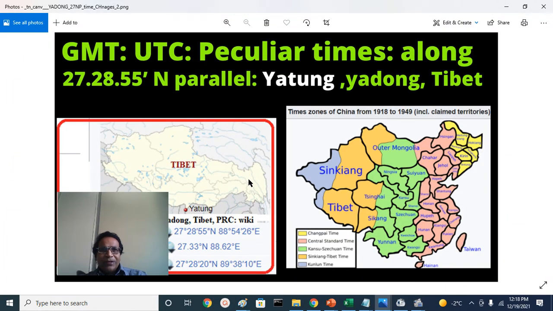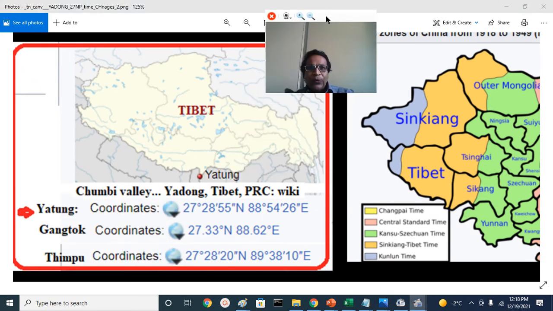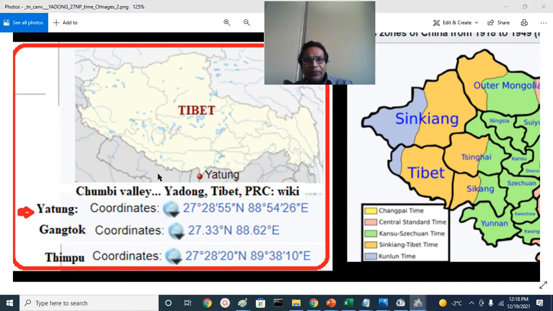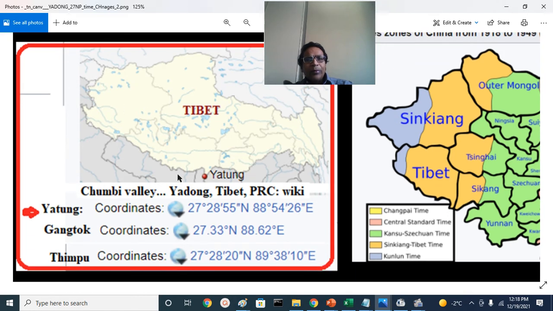So this is the GMT peculiar time zone along here. So here I am showing the town Yadong. See, this is Nepal, the Republic of Nepal or Kingdom of Nepal, and this is the Tibet region. This is Xinjiang region and other regions. The important point is Sikkim is here, Bhutan is here, Yatung is a town that is in the Chumbi Valley.